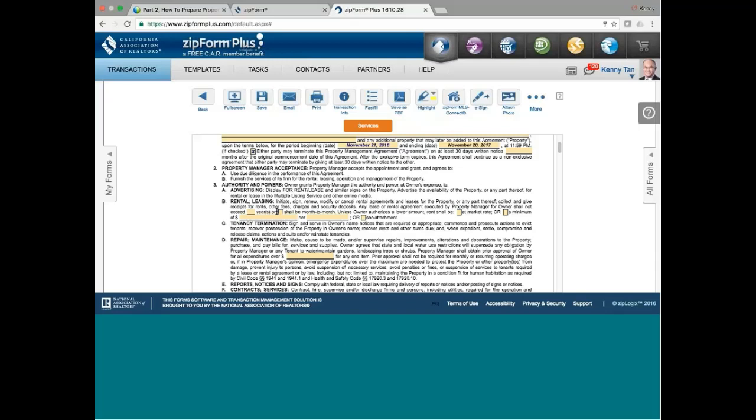The pro is that if there is ever an eviction, it makes it a lot easier for the property manager to do the eviction as a landlord's representative.